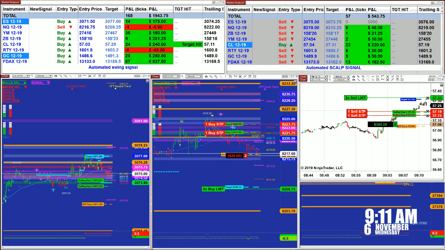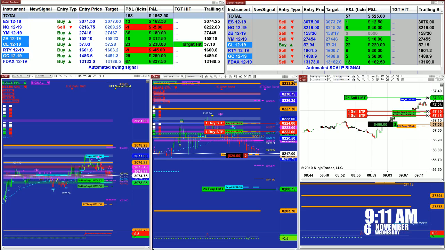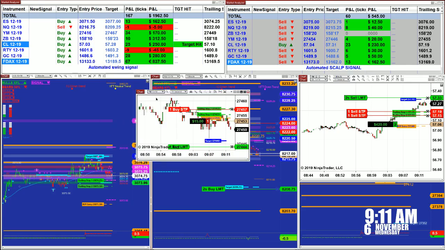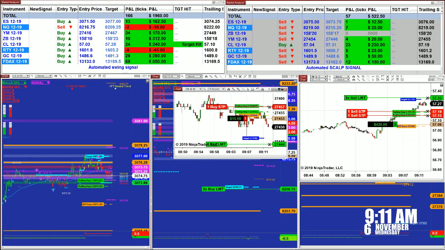And there we go. Also, we have the YM token trade, the YM on the scalping.